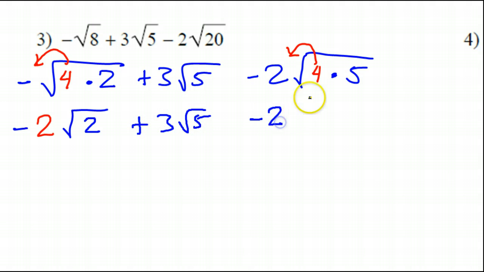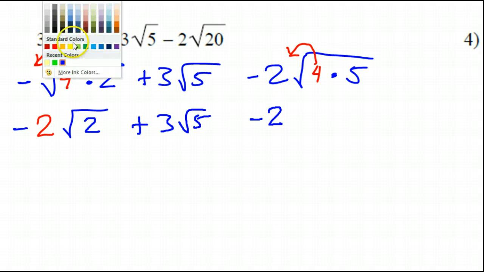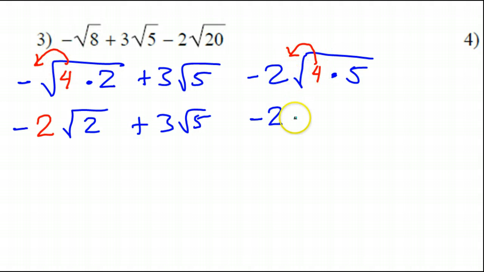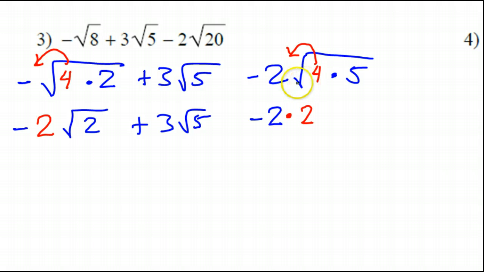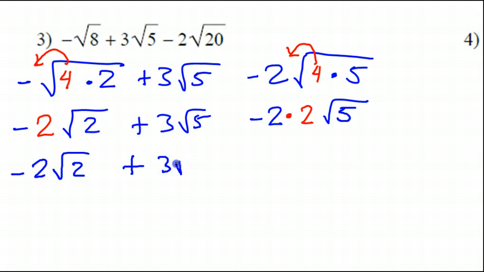And then here's my negative 2, but the square root of 4 is 2, so it's going to come outside the radical and become the 2. But the square root of 5 is not going anywhere. It's just that the 4 came out. Square root of 4 is 2. Okay, so now I have, of course, negative 2 radical 2 plus 3 radical 5 minus 4, because 2 times 2 is 4, radical 5.